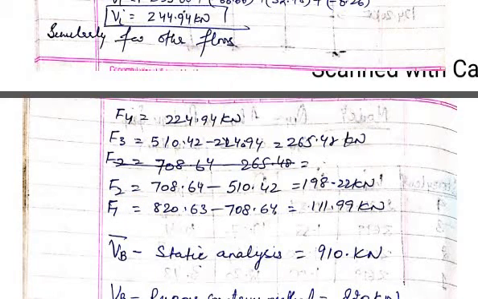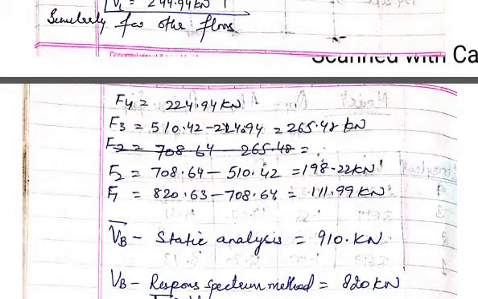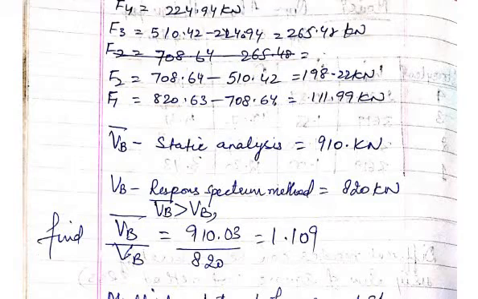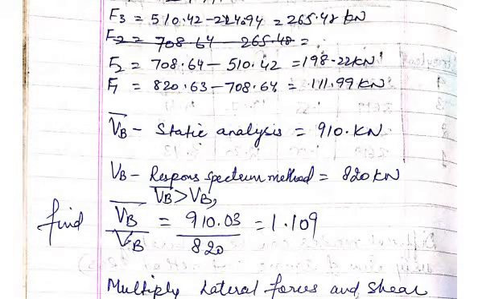Now what we do, we check VB from static analysis and the VB that we have calculated from here. Now you can clearly see the VB from the static analysis is 910, that is given in your question. Now VB that we have calculated from this method is 820.